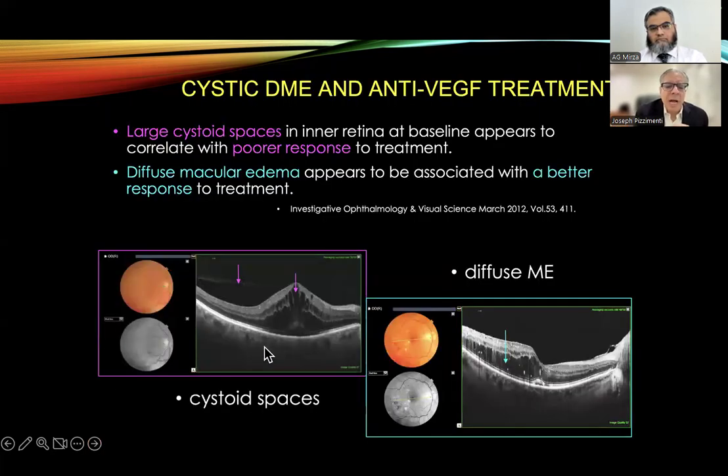And so there are really 2 types of diabetic macular edema. We have this diffuse sponge-like macular edema. And here we could see these hyperreflective hard exudates that we see on the multimodal imaging. We have some disruption of the ellipsoid zone band here.